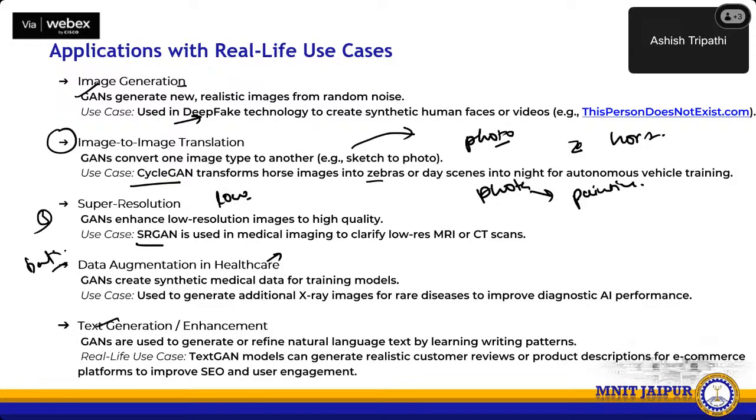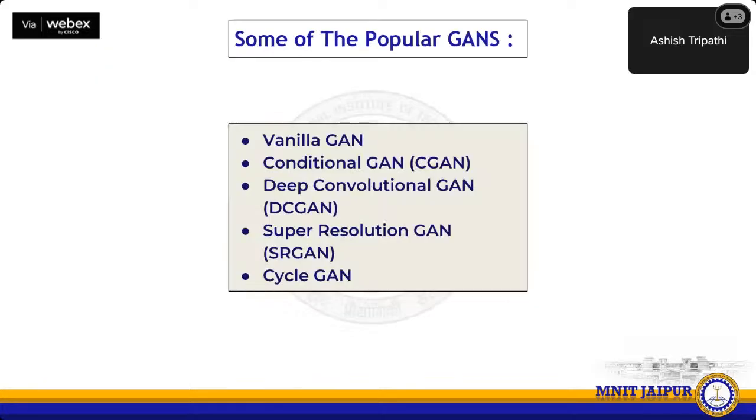No doubt, this is also a very wide application. Text GANs are also used: generative models are able to generate text for us, as you are quite aware, for example generating reviews or other data. So these are the major applications of generative adversarial networks.